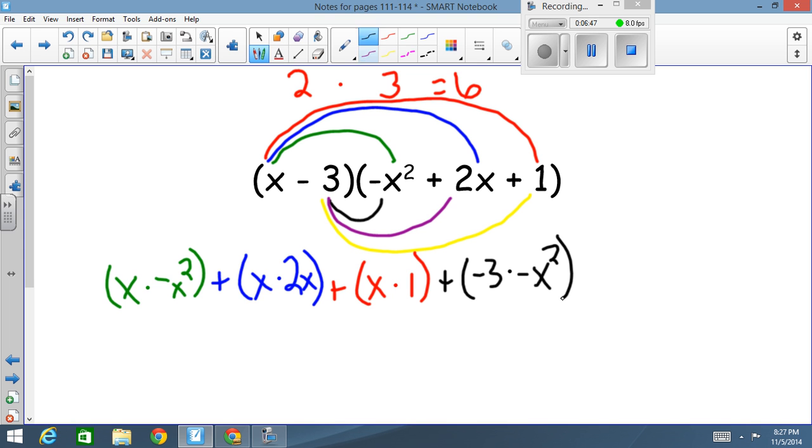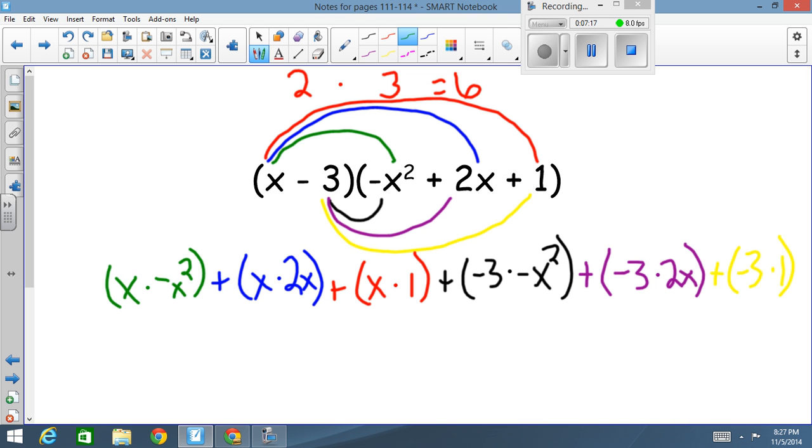Then I guess we went purple, which was negative 3 times 2x. And then the yellow is negative 3 times 1. So there's 6 multiplications. Once again, you don't have to write it all out like that, but it may be a benefit just to look at each part differently.